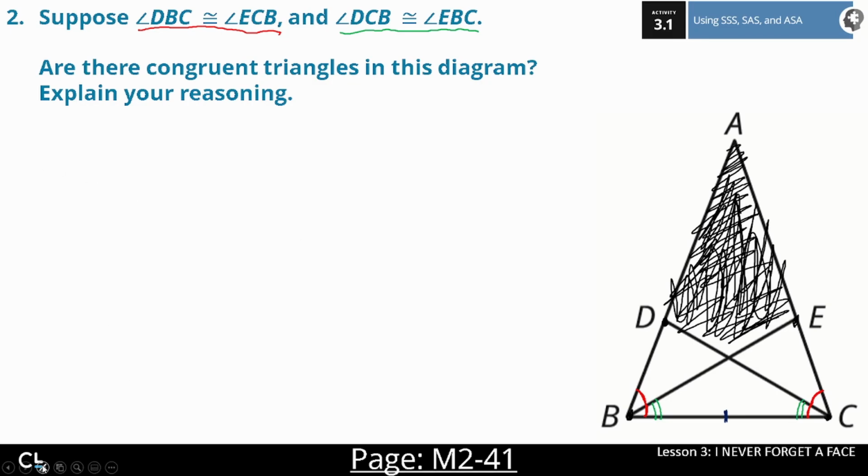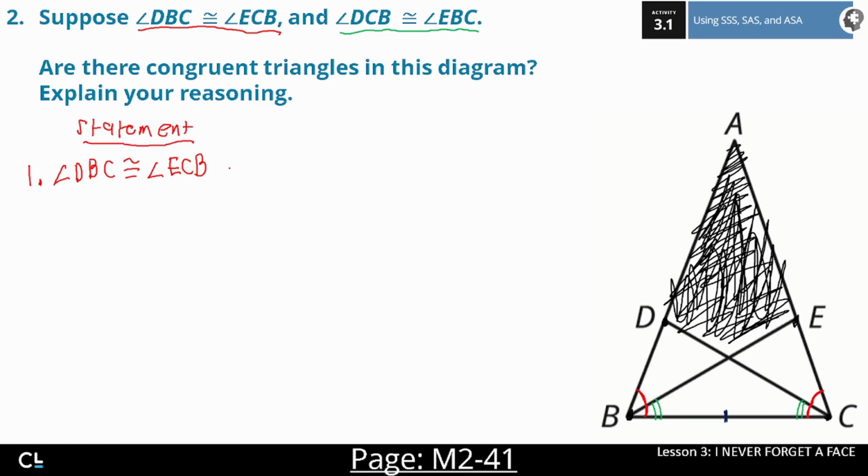So I'm going to use the appropriate colors for each angle, just to keep our thoughts organized. My first statement is what we have up here. Angle DBC is congruent to angle ECB. And this was our statement section. Sorry, that was sloppy.